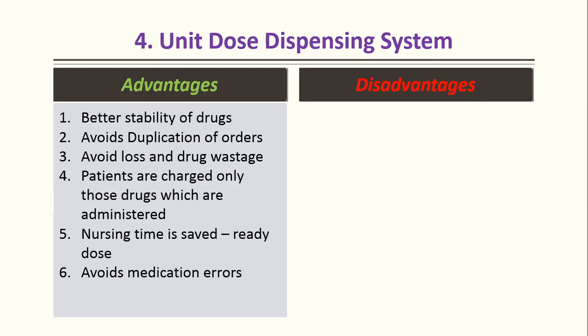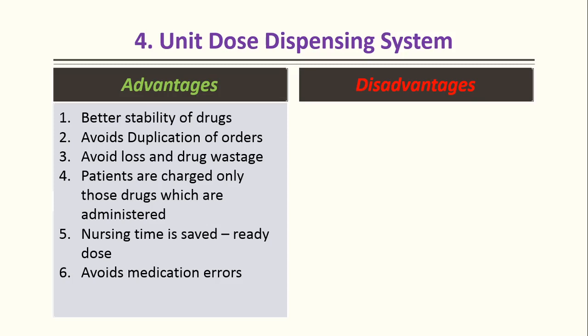And the next advantage is that it avoids medication errors because all these activities are in the control of legally qualified pharmacists. So definitely the medication error will be decreased.